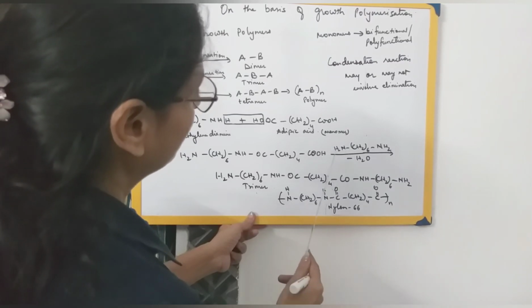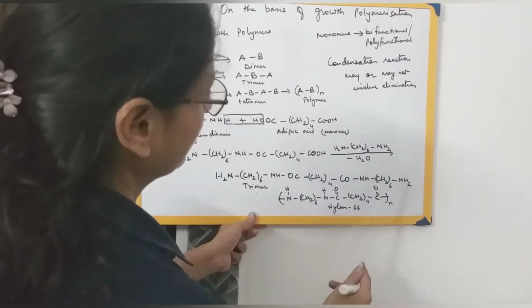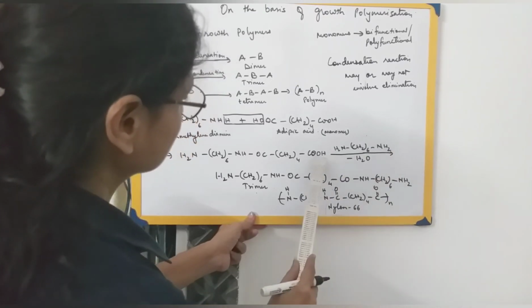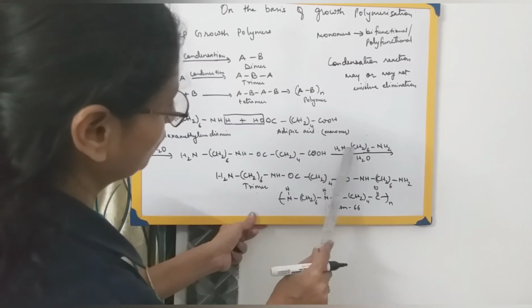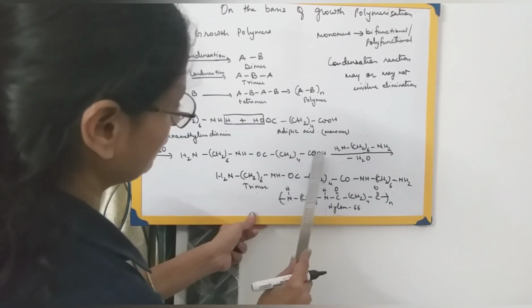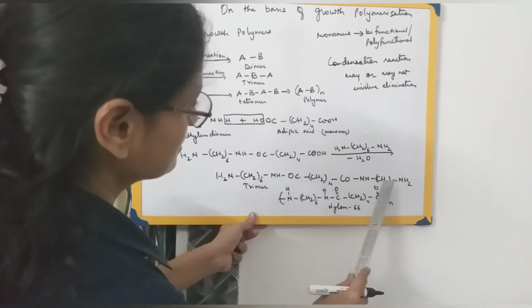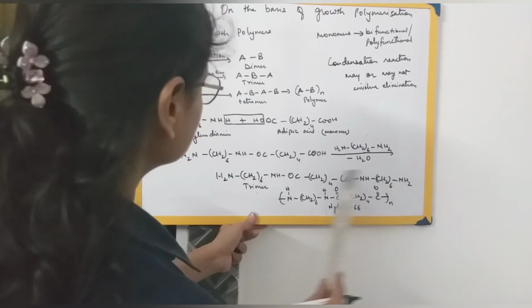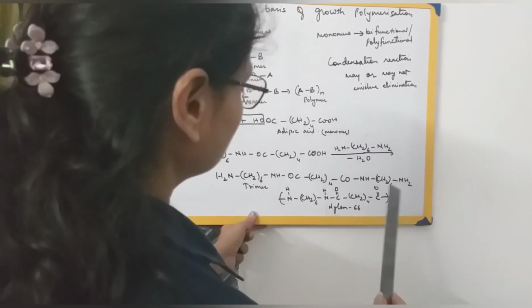So CO and NH, again CH2 6, NH2. Clear? Just look here very carefully. This OH and one H from here, that means a water molecule is lost from here. So after this CO, we are forming NH, CH2 6, NH2. So this was a trimer, and finally this process goes on, leading to the formation of a polymer.